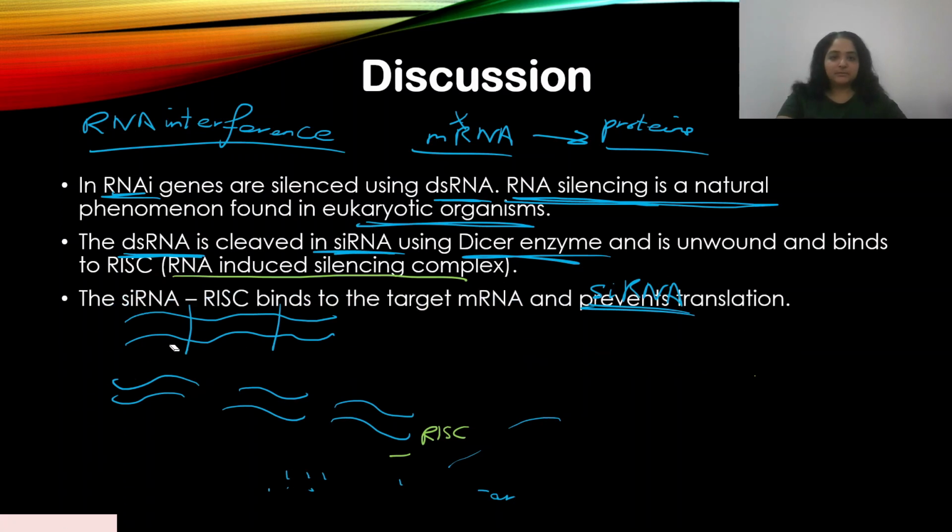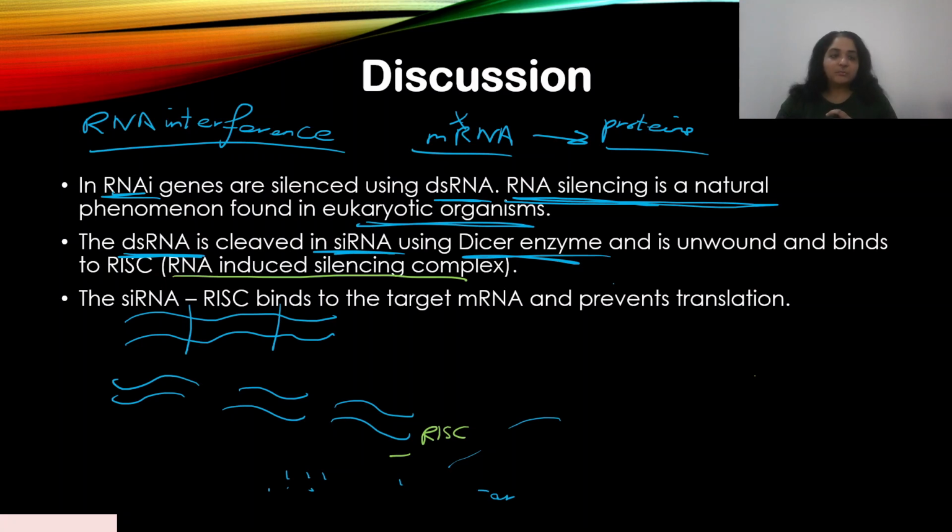Yeah, so it just continues what I've just said. The siRNA RISC binds to the target mRNA and prevents translation. So basically this is the idea behind RNA interference, and like I said, it naturally occurs in eukaryotic organisms, but now they have used that same principle in plants, even for nematodes. For example, tobacco plants are affected by nematodes.